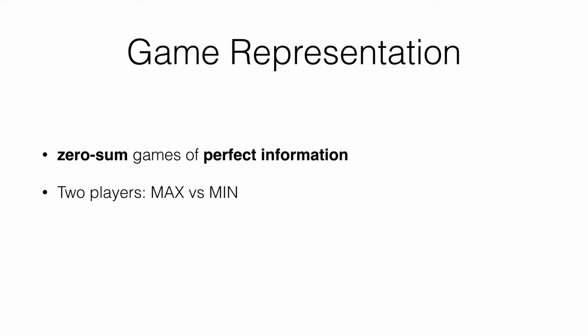So the second player is trying to maximize and the first player is trying to minimize. But it's easy to think about at the decision time. You could just imagine that the decision maker is always the max player, and the max player is trying to maximize his or her reward, while the min player is the opponent trying to minimize the reward that's going to be given to the current decision maker.